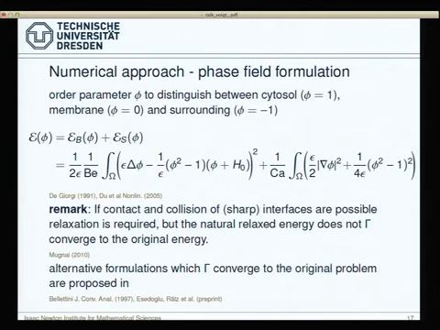Maybe some mathematical remark here, being the fact that this gives some approximation of the curvature. So if we really would have contact or collision of sharp interfaces, that will explode.